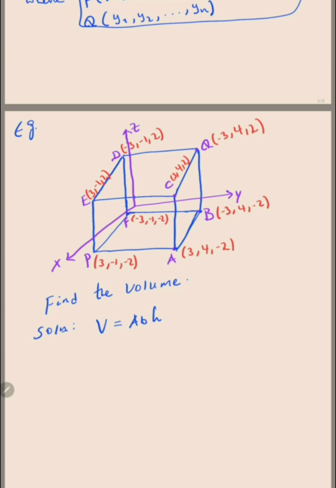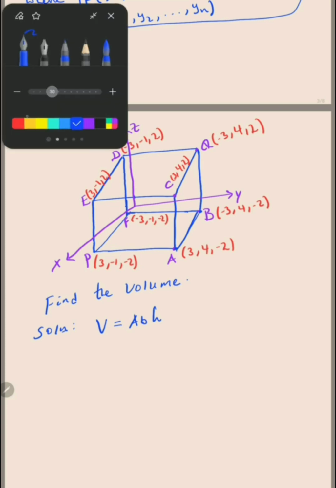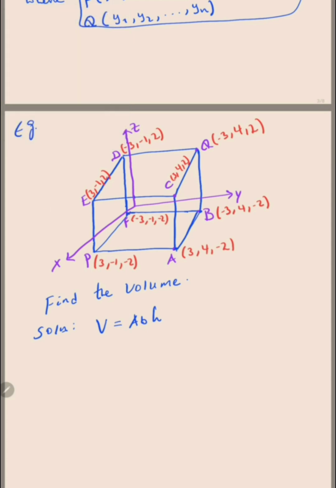And since our base is a rectangle, this is the base, and you can take any of these sides, either this one or this one. Then you can find the volume of this rectangular prism.